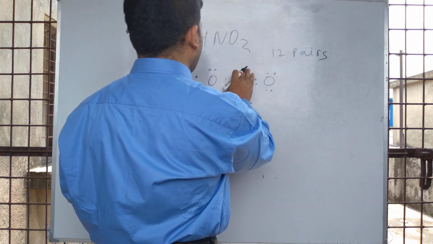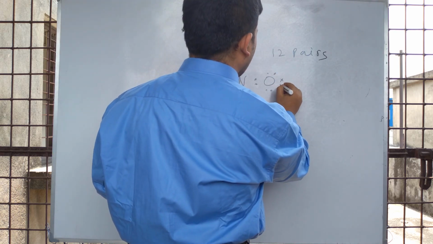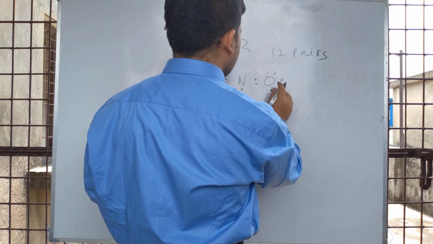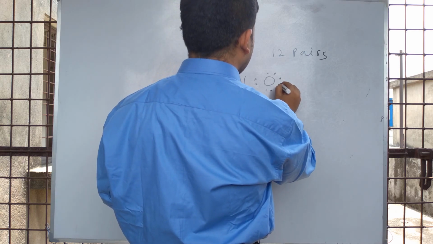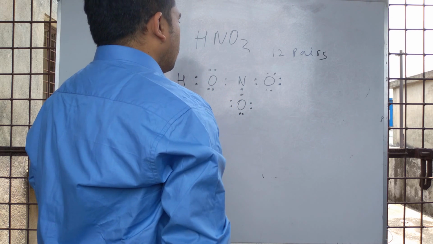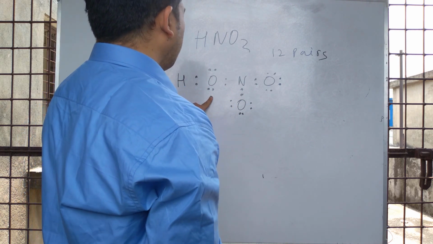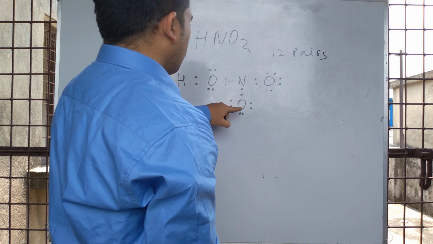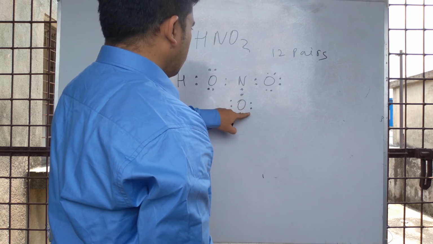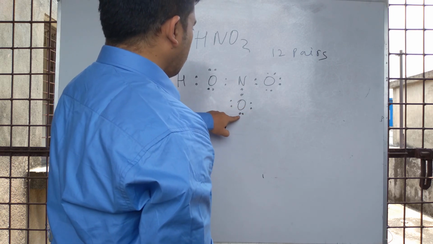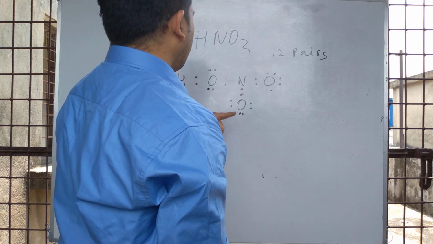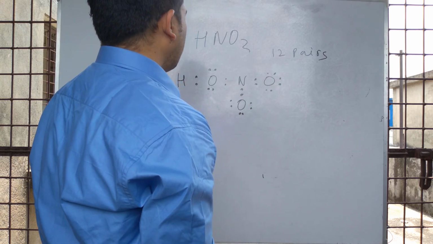Electrons are present here and here. Oxygen has 6 electrons right now, so 8 electrons with this one.